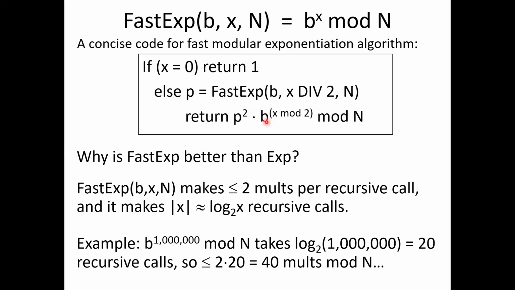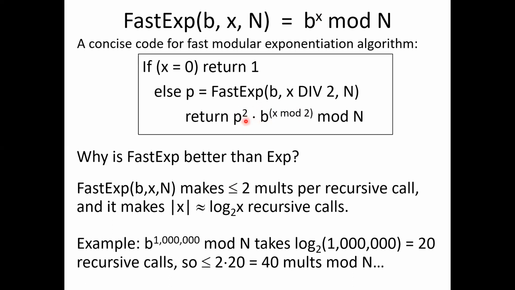In fact, this is sometimes vacuous, because if x mod 2 is 0, then this is a 1, so there is really no multiplication. That's why this algorithm is called square and multiply, because the only operations you do to exponentiate are that you square something and you multiply by b, or not even.